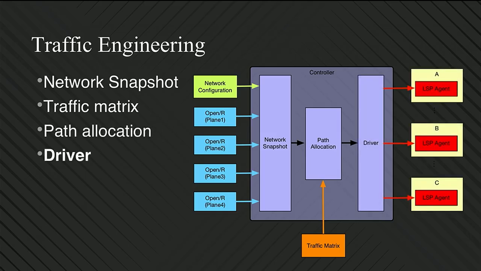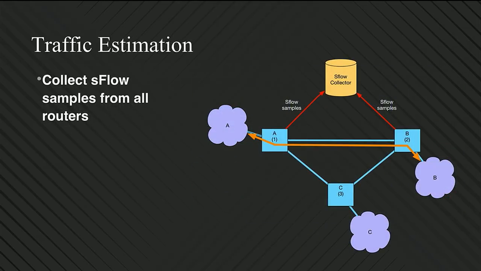It will output a list of label switch paths, or LSPs, and this collection of LSPs that connect all sites we refer to as the LSP mesh. The LSP mesh is then fed into the driver, which will then distribute these LSPs to the LSP agent running in all routers. An LSP agent will convert these LSPs into platform-specific network objects and program them into the routers. And that's how traffic engineering happens.